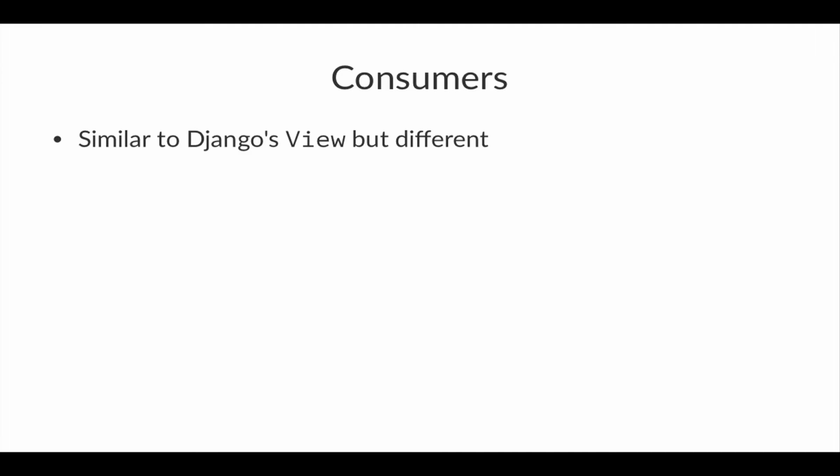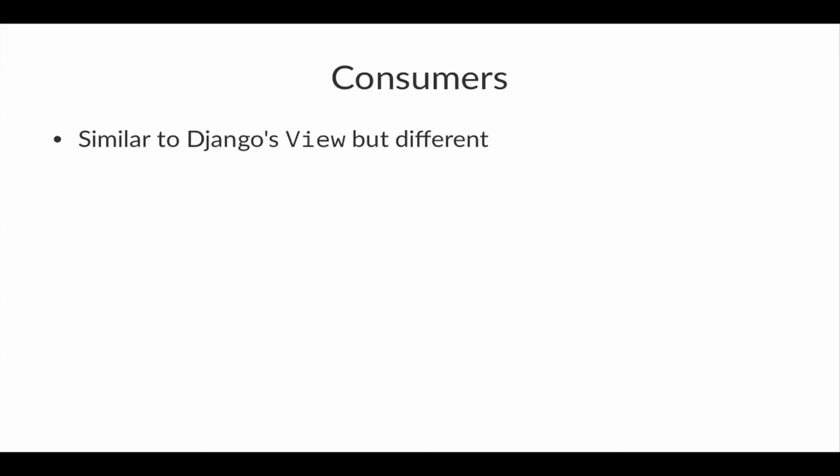If you think of the simplest version of a Django view or a Flask handler or anything like that, it's basically a function that takes a request object and returns a response object, right? That's what an HTTP view is. A consumer is almost exactly identical, except instead of a request, we call it a message, and there actually does not have to be a response. It doesn't have to return anything.